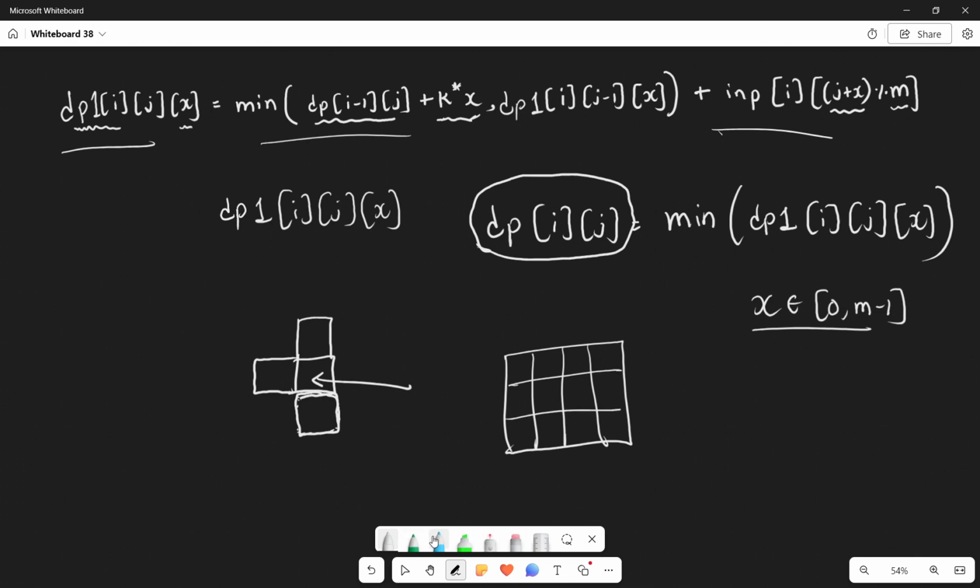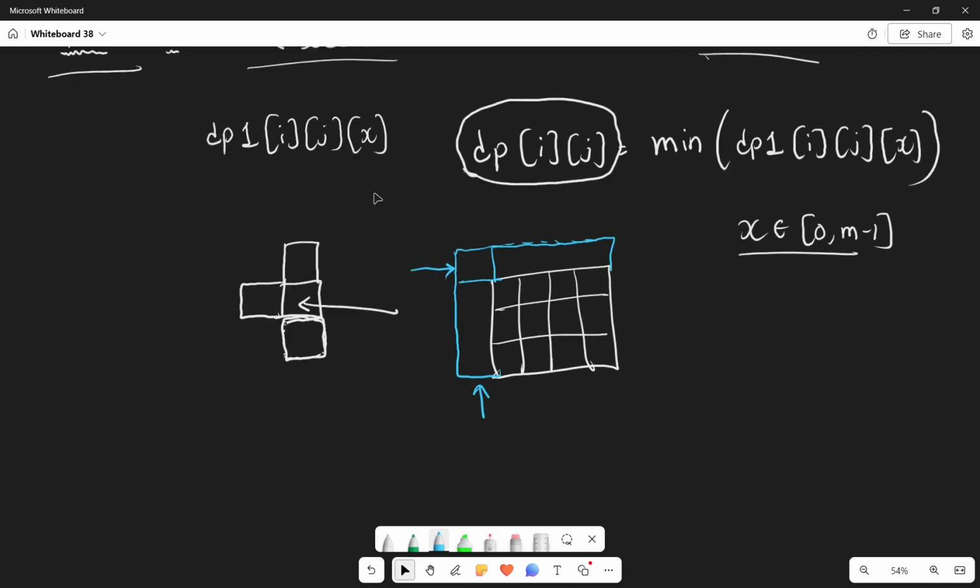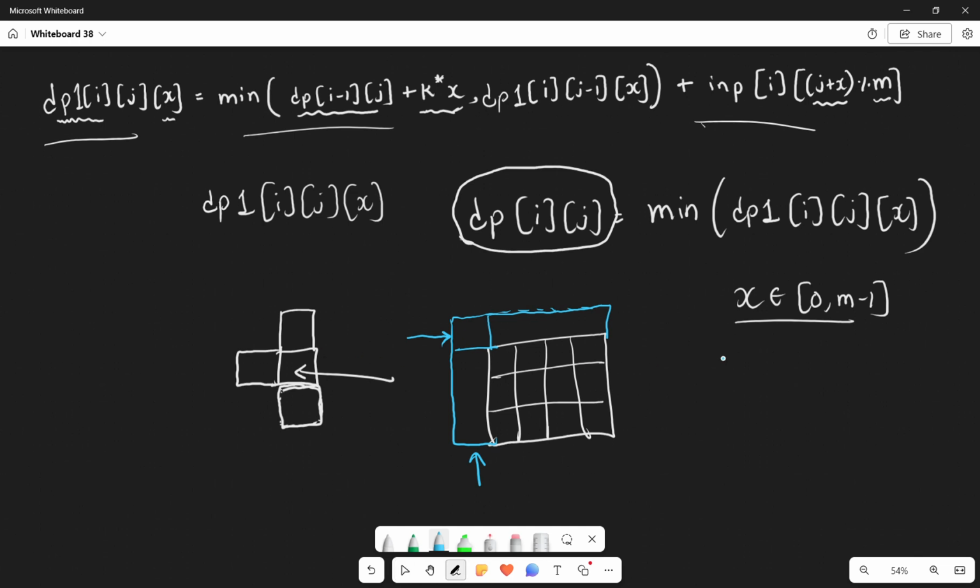So suppose this is your grid. For these dummy cells, which are of zero-based indexes, what I will try to do is assign them LLONG_MAX-based values, of the order of LLONG_MAX.